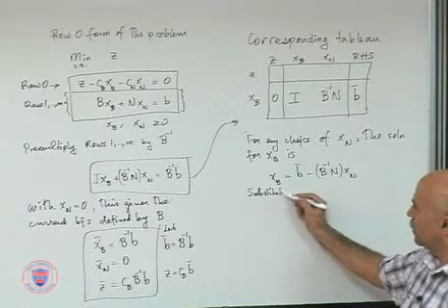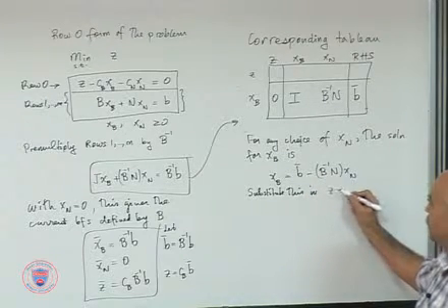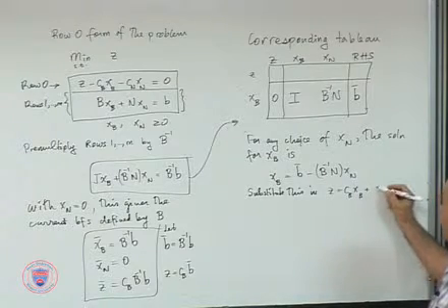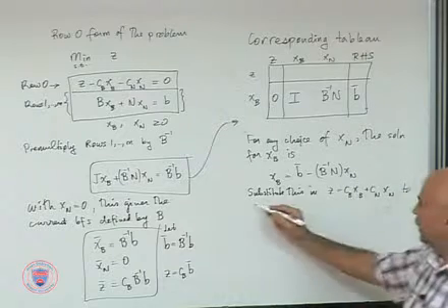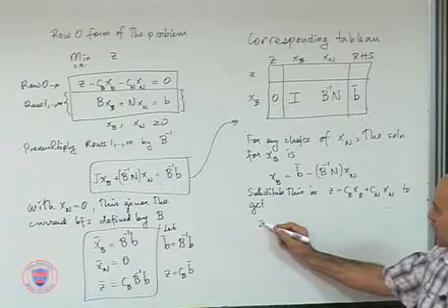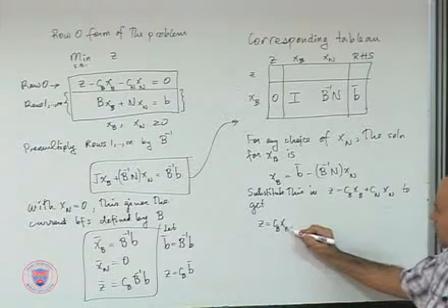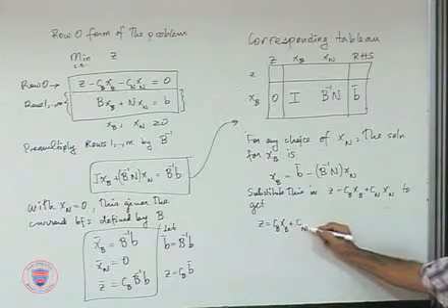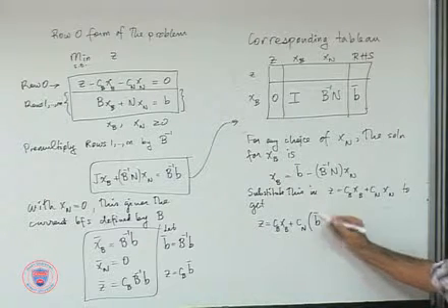Substitute this in the equation z equals cb xb plus cn xn. And then you get the following.